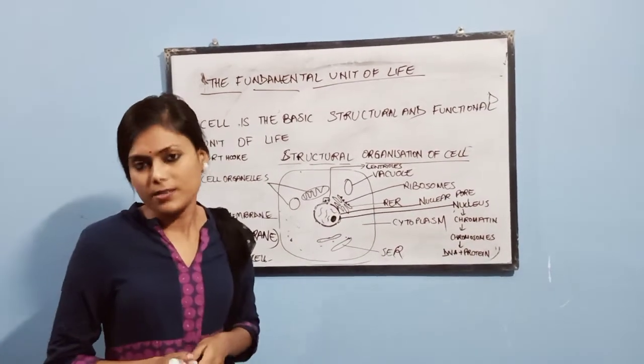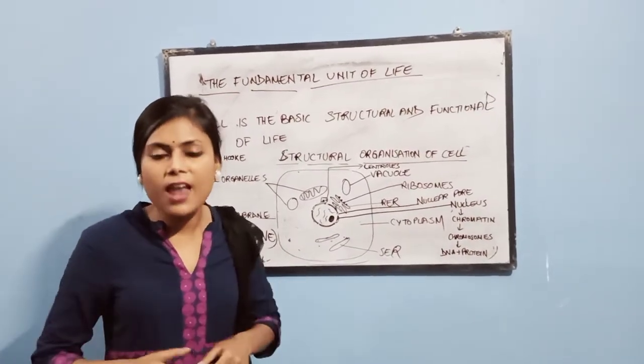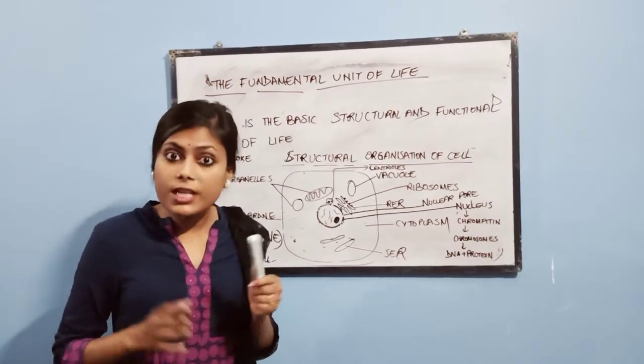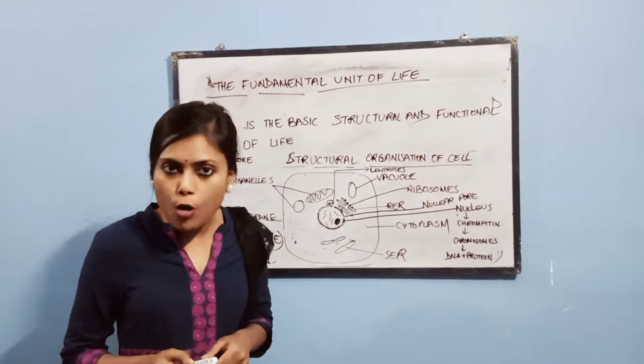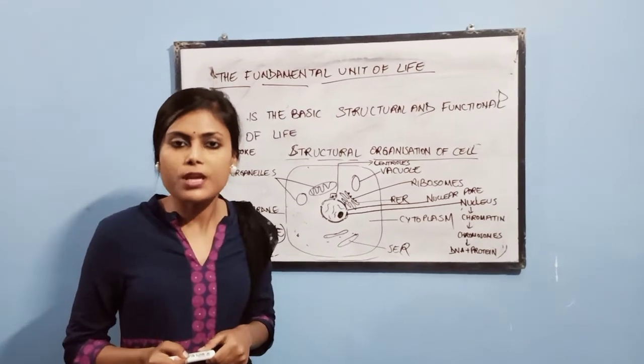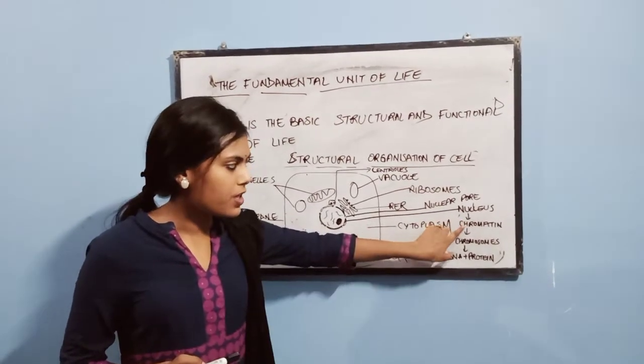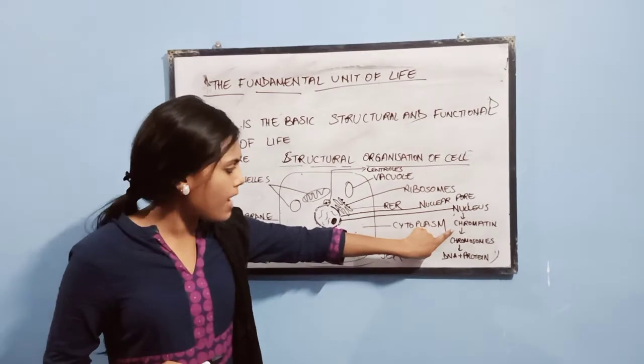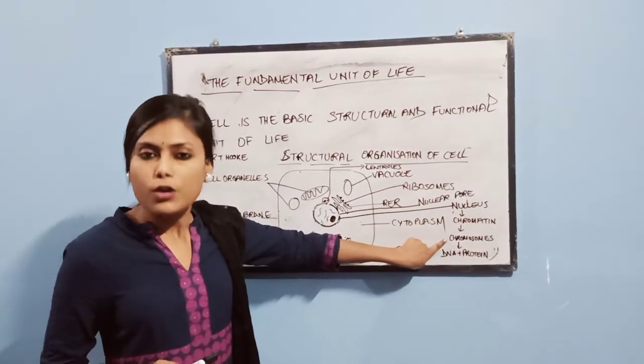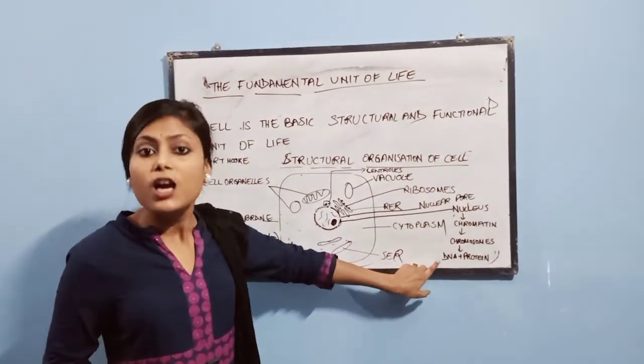What is chromatin? It is a thread-like structure which condenses to form chromosomes during the process of cell division. Here, as we can see, the chromatin condenses to form chromosomes during cell division.